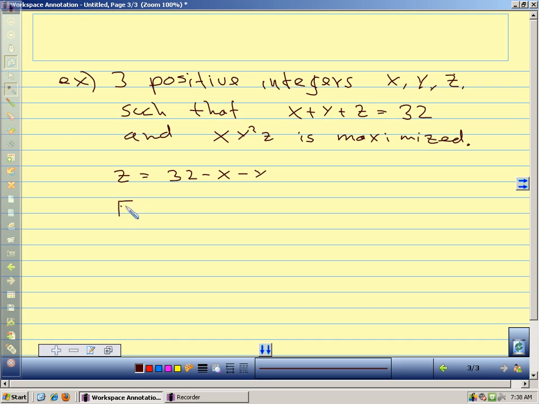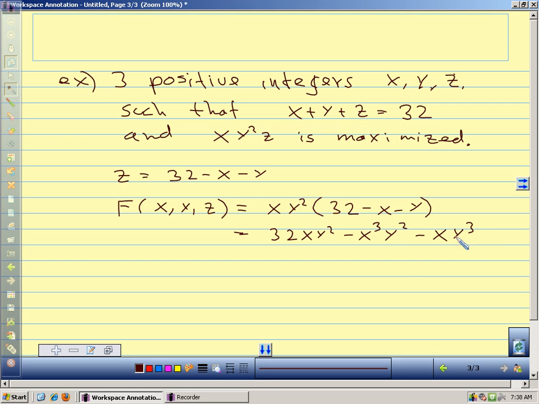So f of x, y, z is x, y squared times 32 minus x minus y. And if I expand that out, I can write that as 32xy squared minus x cubed y squared minus xy cubed.